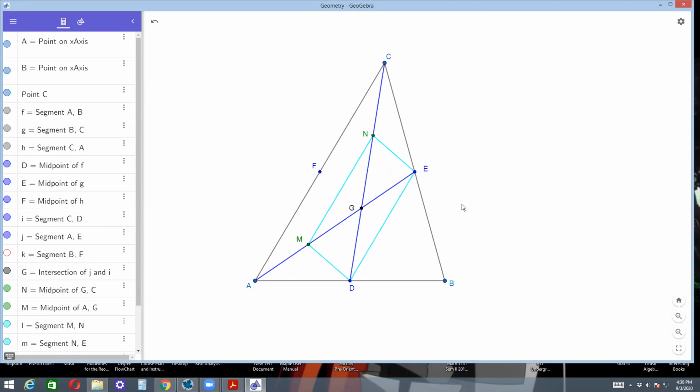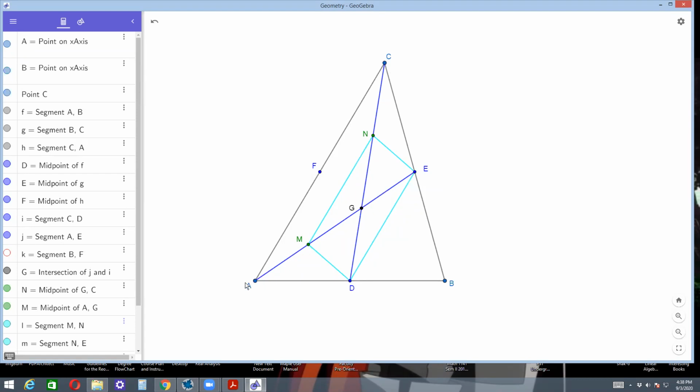The midline theorem or something? Correct, the midline theorem. If D and E are midpoints of these 2 sides, then this line DE is parallel to AC and is also half of the length. Remember, F is a midpoint, right? So it means that DE is equal to AF and also equal to FC.